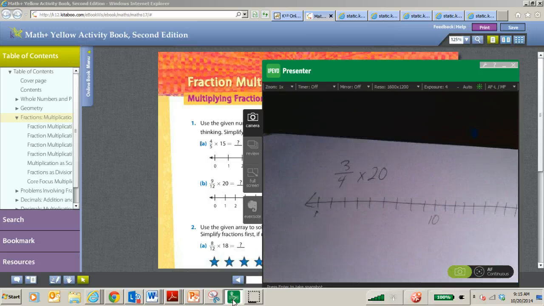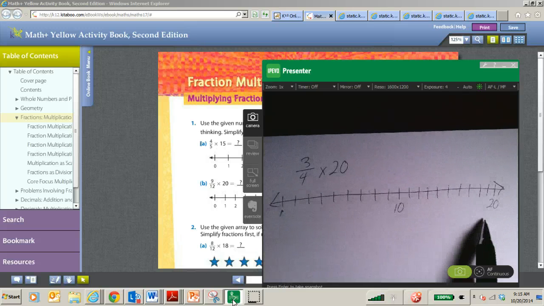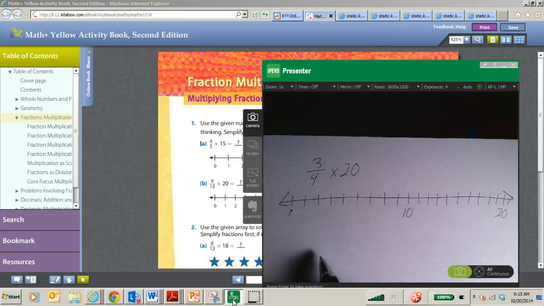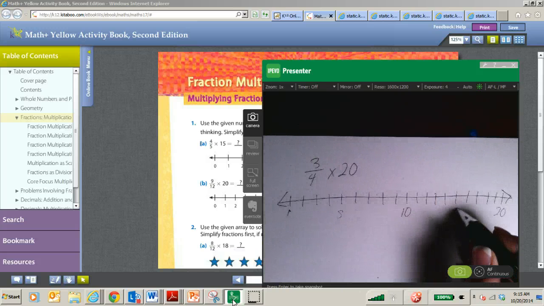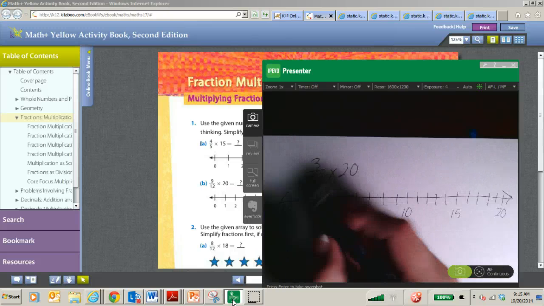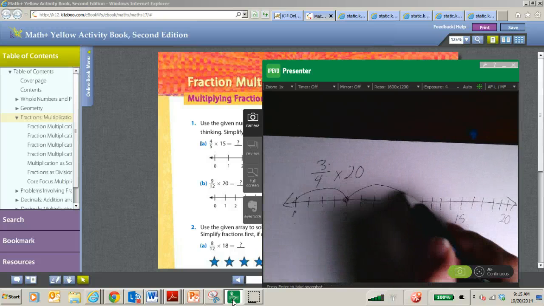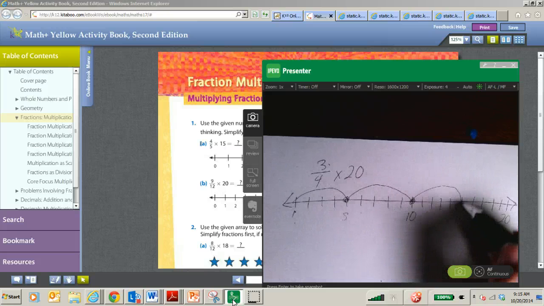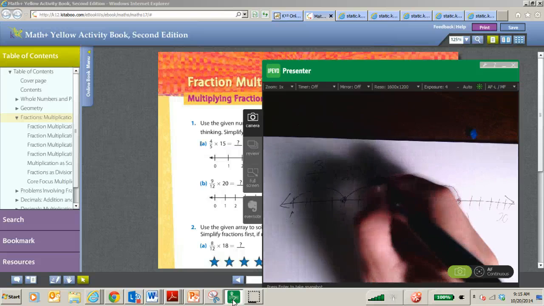Sometimes it helps to make that little middle number, and luckily in the book, all the little increments are already there for you. So if I want to divide this evenly into 4 groups, I have 5, 10, 15, 20. There's 4 groups. Then I can do 3 of those 4. 1, 2, 3. So my answer would be 15.